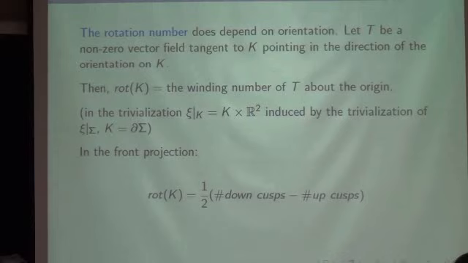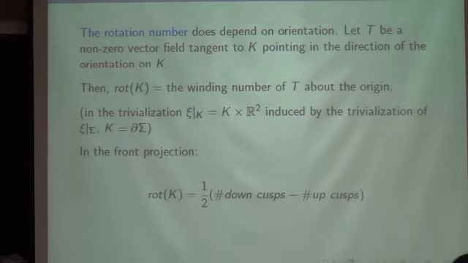And what makes this challenging is because the contact planes are also moving, right? So to define this properly, you have to take a trivialization of K along with the contact planes. And to do that, you have to work with a Seifert surface to be able to properly define this.